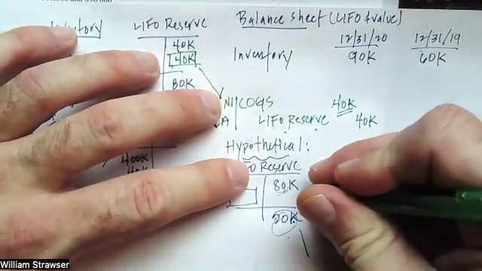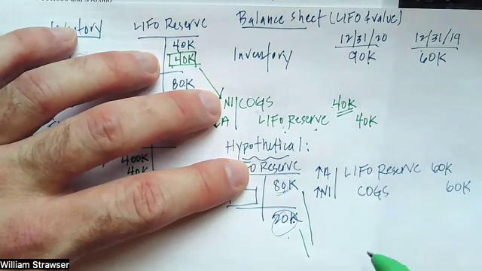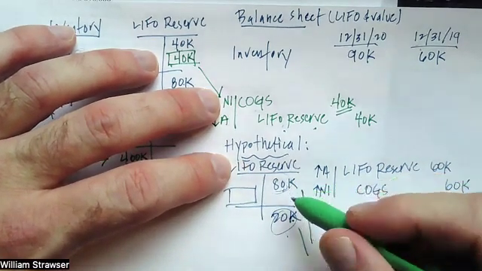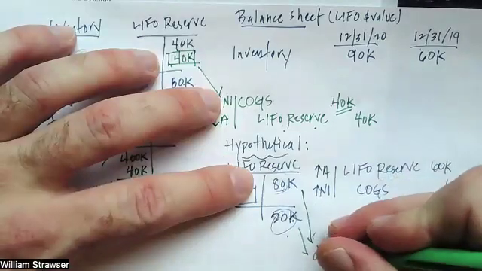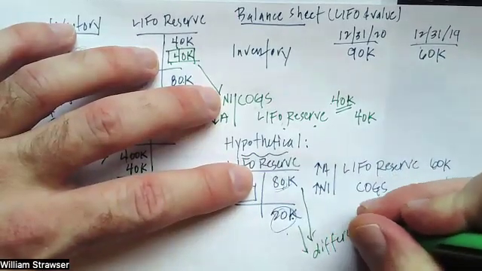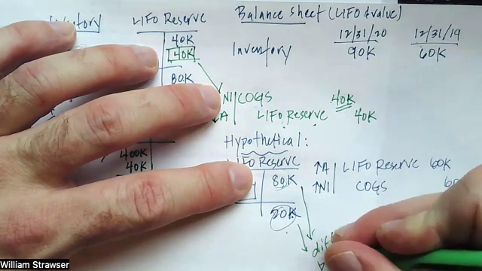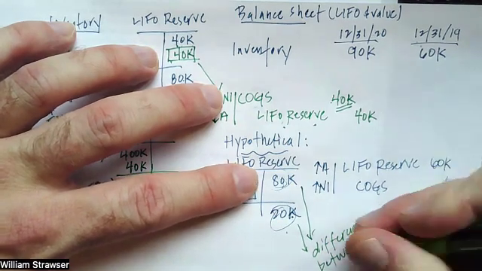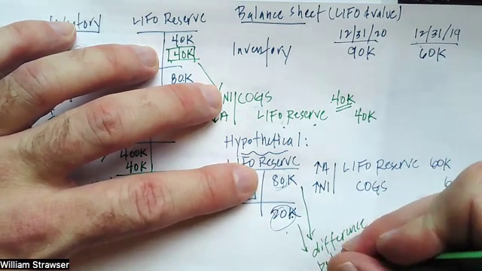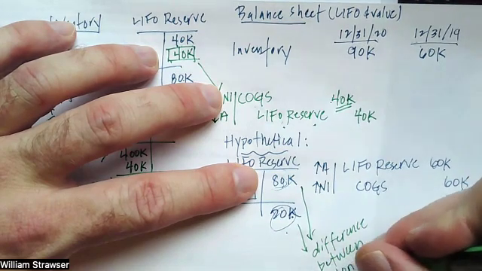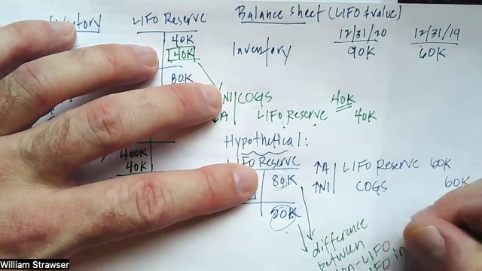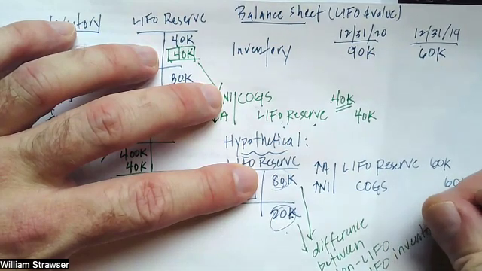So these two balances, just the balances, mind you, not the adjustment, are the difference between the non-LIFO and LIFO inventory balances.